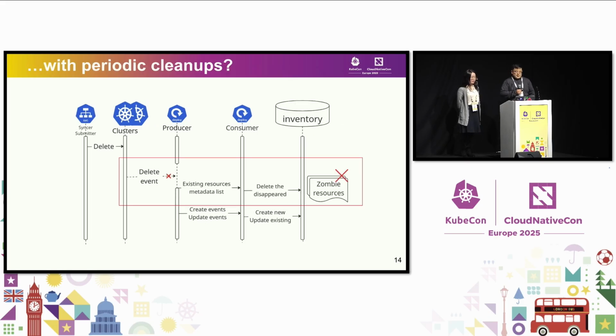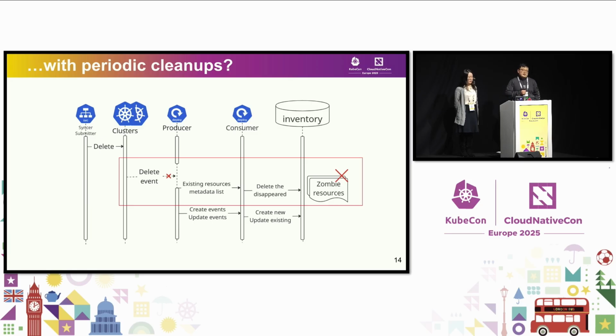So to solve this problem, besides the create, update, and delete events, the producer also publishes an hourly snapshot of all the in-cluster resources. You could imagine the snapshot contains a list of Kubernetes object UIDs as well as the cluster information.